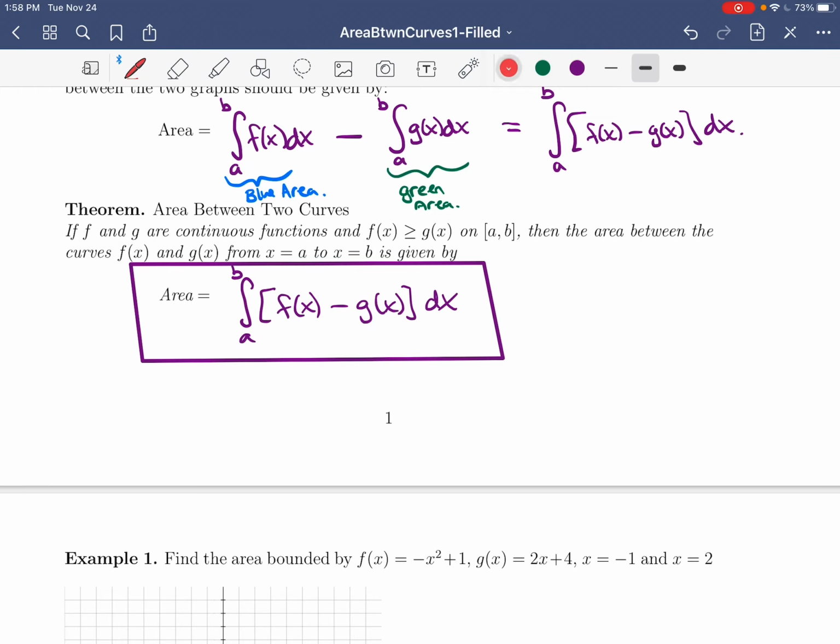So f of x is the bigger one on the interval, and g of x is the smaller one. It's always the bigger one minus the smaller one.